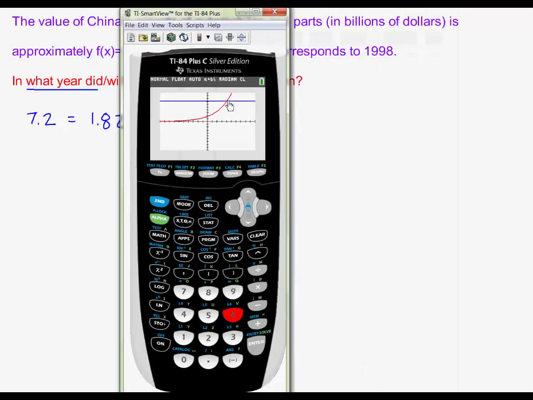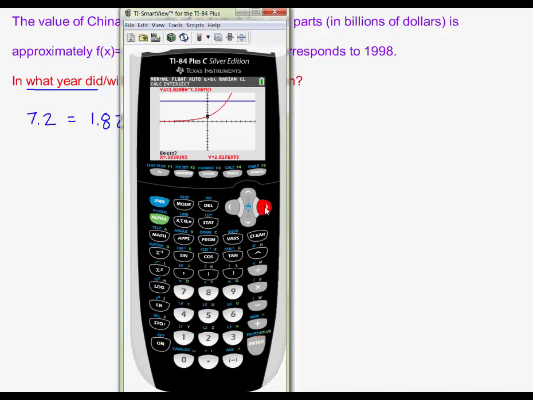Now I need only find the x value of that intersection. I'm going to press second, the calc menu. I'm going to select number 5 for intersect. It's asking me if this is the first curve, y equals 7.2. I press enter for yes. It jumps down to the second curve, this equation. Yes, that's the second curve. I press enter. It's asking me to guess.